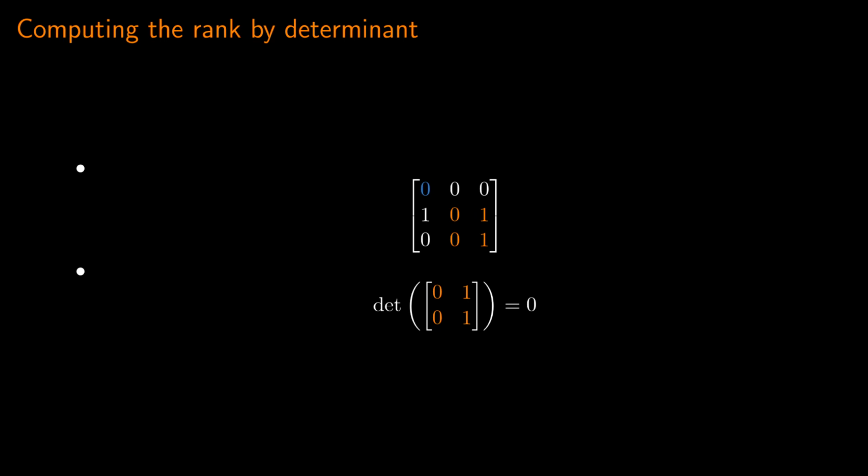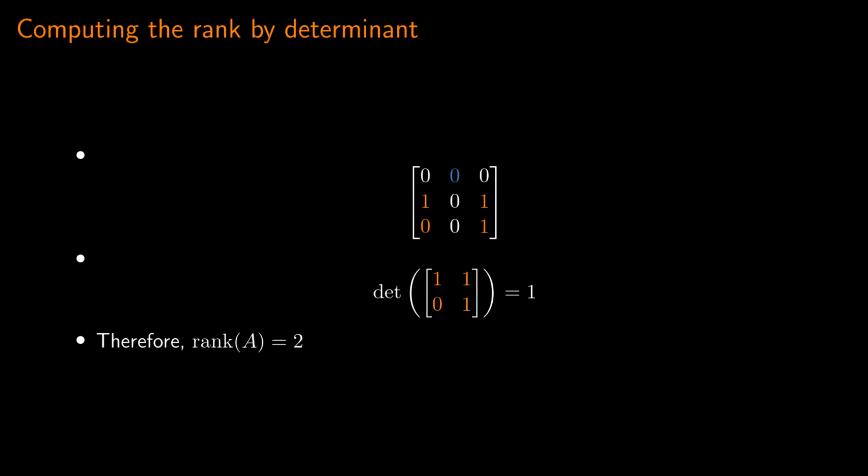If we compute the determinant of this submatrix, we find that it is equal to 0. Let's repeat that process for the second element, shown here in blue, with the elements of the submatrix shown in orange as before. Now, if we compute the determinant of this submatrix, we get a value of 2. We can actually stop the process here because we know that this is the largest possible submatrix and it has a non-zero determinant, and therefore its dimension, 2, will indicate the rank of the original matrix.